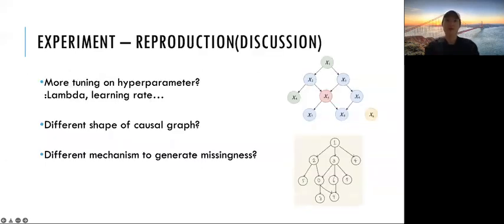And here's a discussion on what would have caused the difference between our reproduction process and the author's experimental result. One of the possible reasons for such inconsistency can be due to tuning on hyperparameters other than beta 1 and beta 2. Though the paper suggests learning rate was set to 0.0005, which is also what we had set for our experiment, varying learning rate might provide better result.